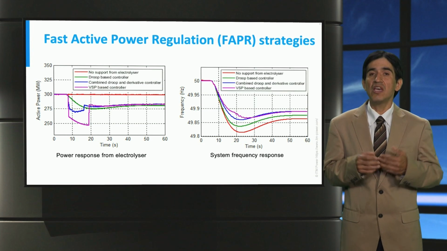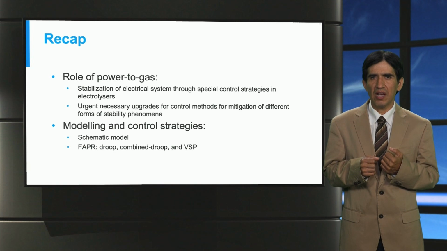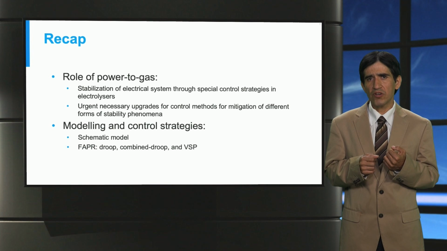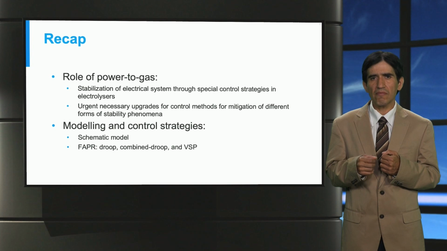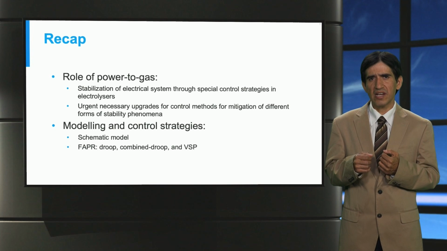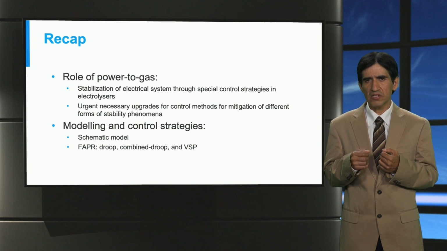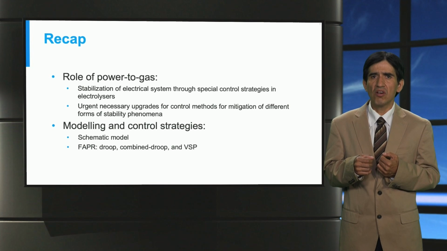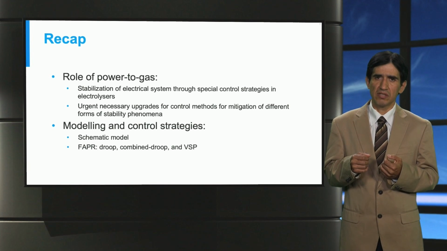In summary, the synergy between the electrical system and gas systems such as hydrogen unlocks potential for new control principles to safeguard operational flexibility of the electrical system. Electrolyzers' demand-side response can significantly enhance the dynamic performance, on a timescale of milliseconds, of the electrical system, which increases its resiliency.